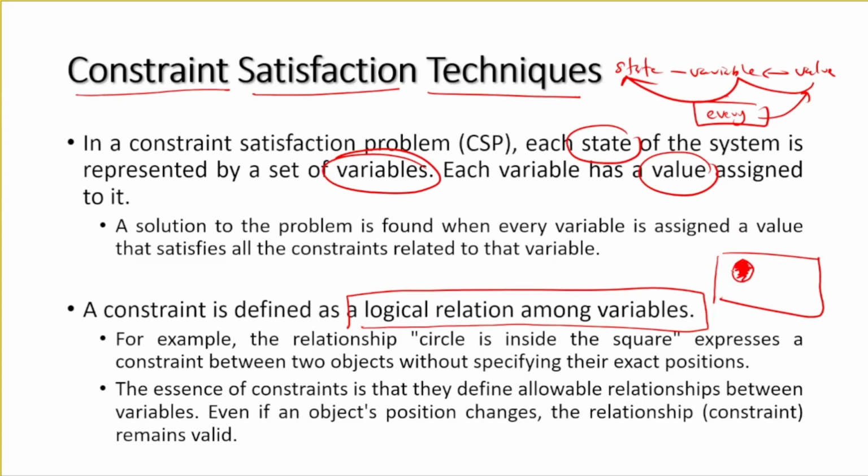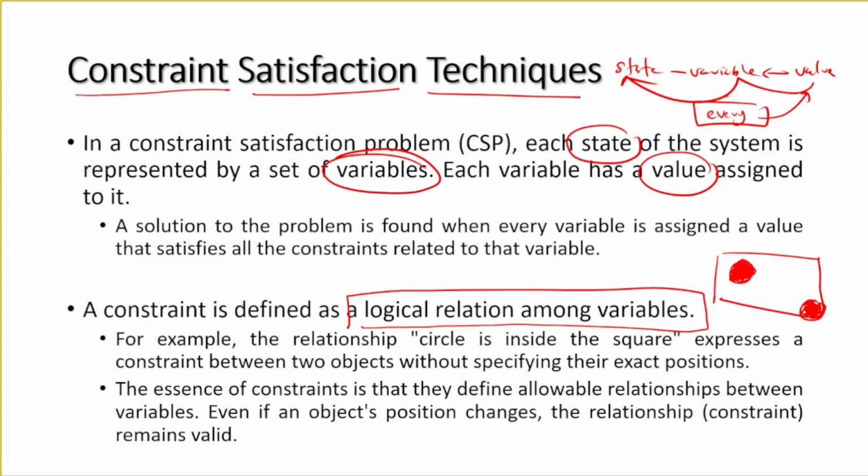So meaning to say that if we draw or sketch a circle over here, we can say the circle should be here and the circle also should be here, as long as it is inside the range of the square, right? So then we can say that this satisfies the constraint that we have, right?